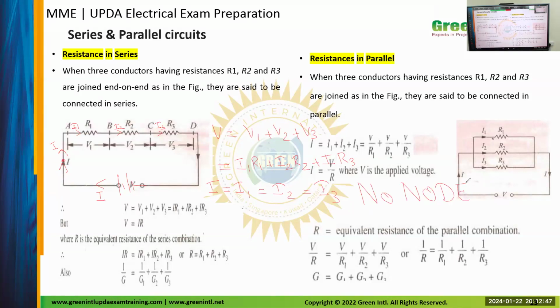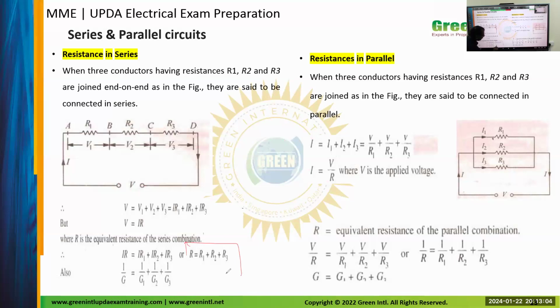Now we can write the equation as I into R1 plus I into R2 plus I into R3. Then, mathematically, we take I common, and finally we get this formula. We need to remember this formula.